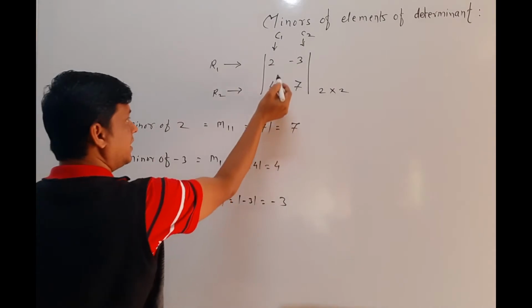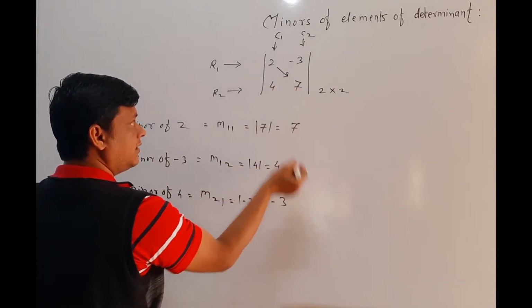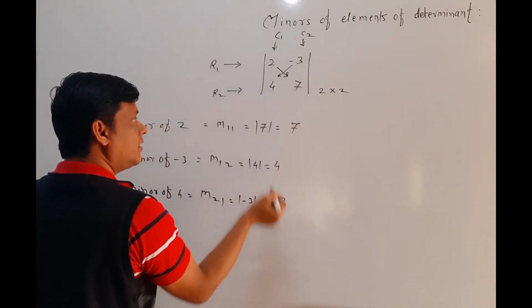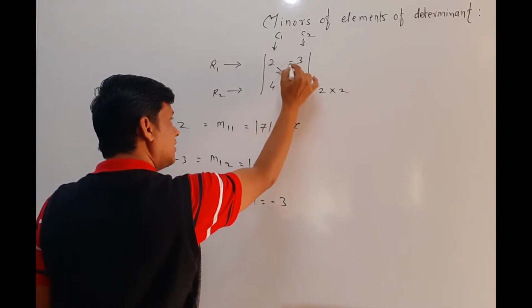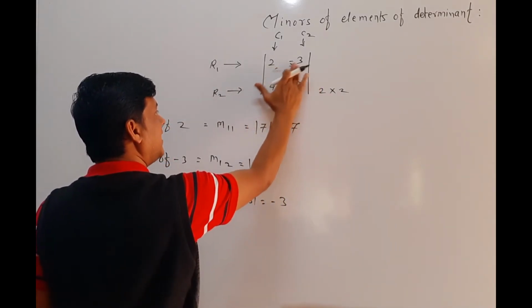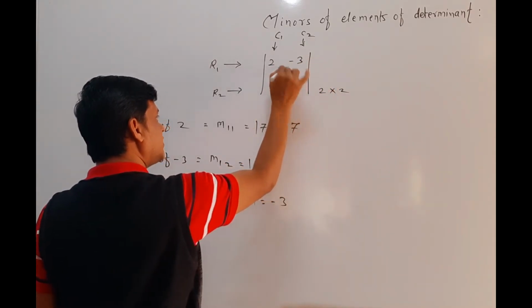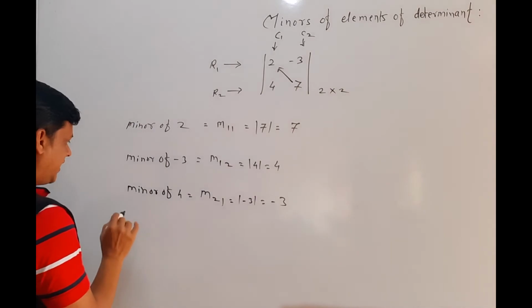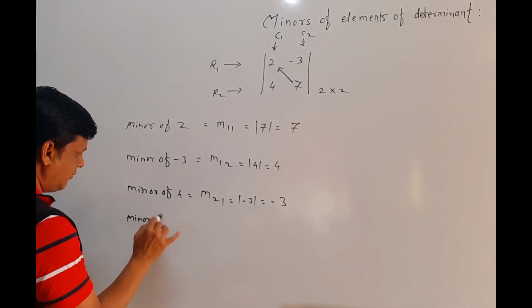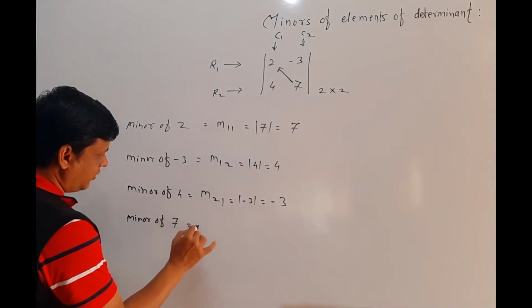That means if you observe, the minor of 2 is 7, the minor of -3 is 4, the minor of 4 is -3. That means the minor of this 7 must be equal to 2. So we write the minor of 7 is equal to M22.